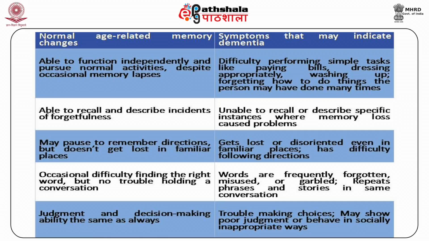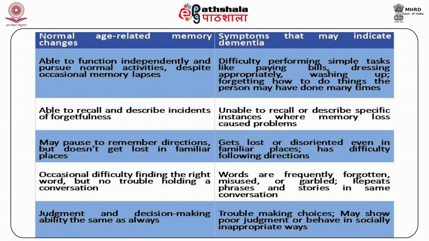For example, in normal memory changes, the individual is able to function independently and pursue normal activities despite occasional memory lapses. However, the symptoms that may indicate dementia are difficulty in performing simple tasks like paying bills, dressing appropriately, washing up, forgetting how to do things that the person may have done many times.